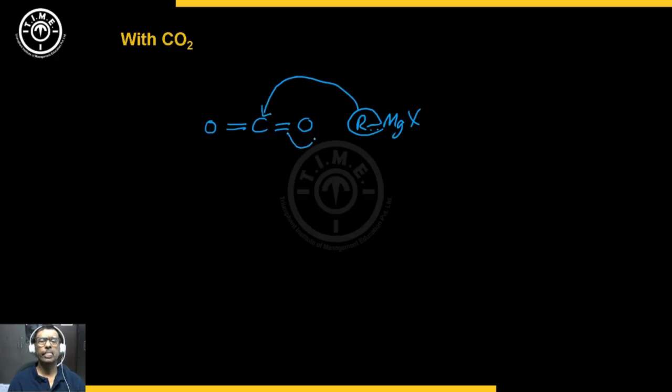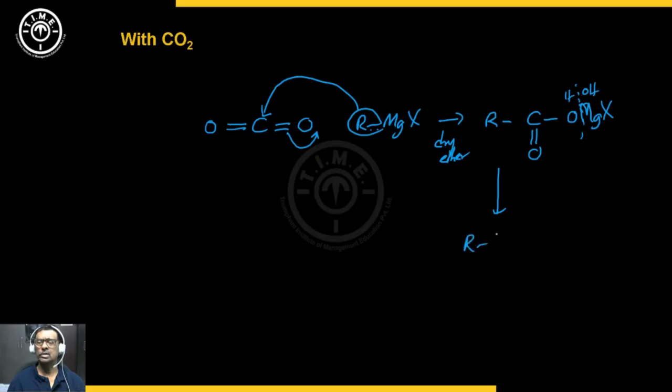And then this pi bond breaks. And you're going to have R, C, O minus. That O minus will become OMgX. So it is double bond O here. So I'll put here MgX. Up to this it is dry ether. And then hydrolysis, HOH. So you get RCOOH.